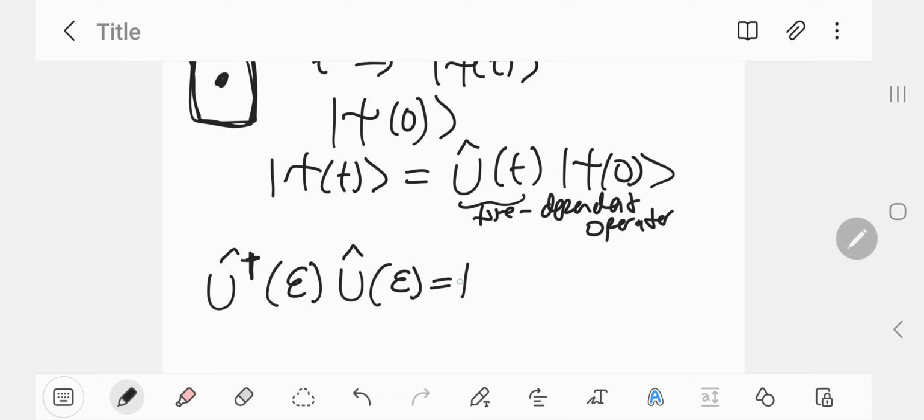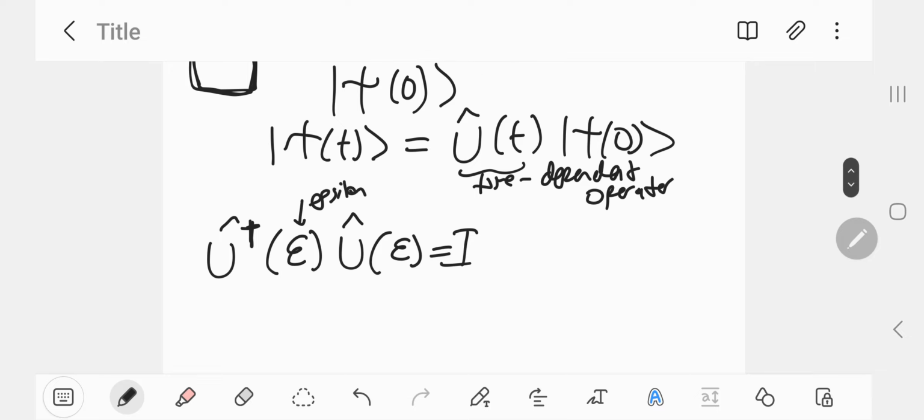This is called epsilon, Greek symbol epsilon, for some small time interval. So we can also note that U hat of epsilon is close to the unit operator I. It's sort of like multiplying by 1, but it differs by something of order epsilon in this case.